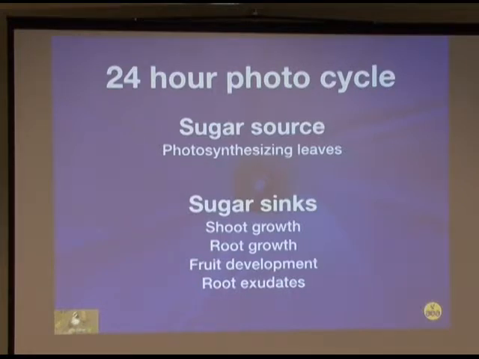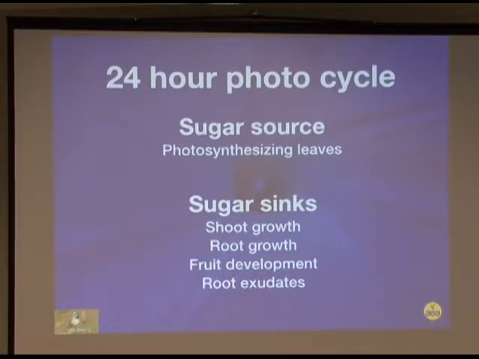The first period is from sunrise to approaching sunset, where you have very active photosynthesis, a spike of photosynthetic activity, and the leaves accumulate very high sugar concentrations in the leaf itself.